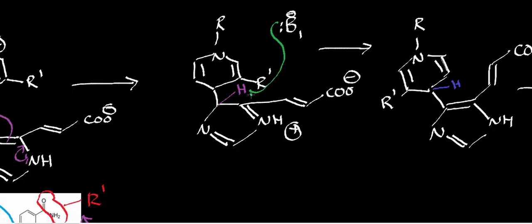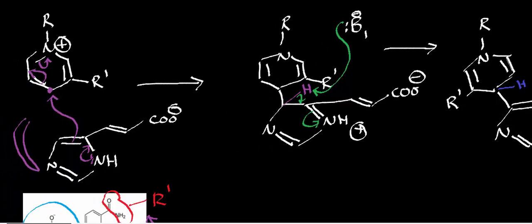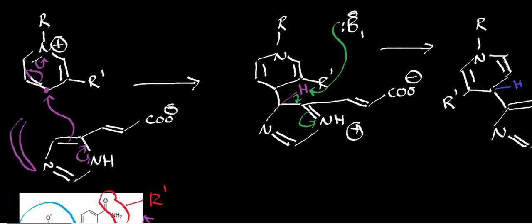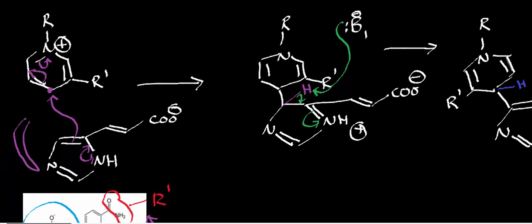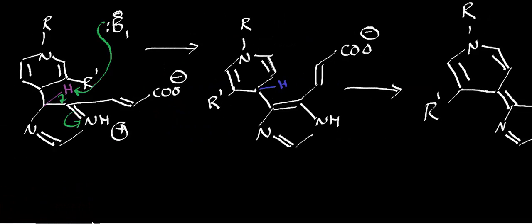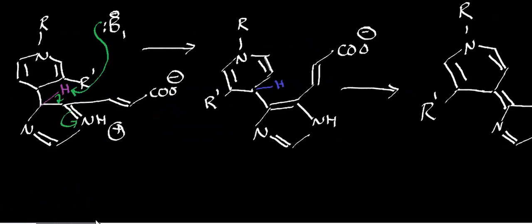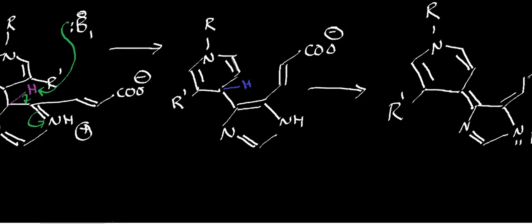It's going to transfer this proton, and in the process, it's going to cause the formation of an alkene right here, and that's going to force these pi electrons onto this nitrogen. Okay? So at this point, what we've done in the first step is we destroyed the imidazole ring, right? We destroyed aromaticity, but we've gotten it back in this mechanistic step.